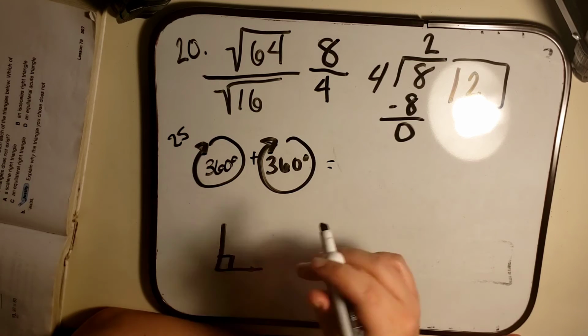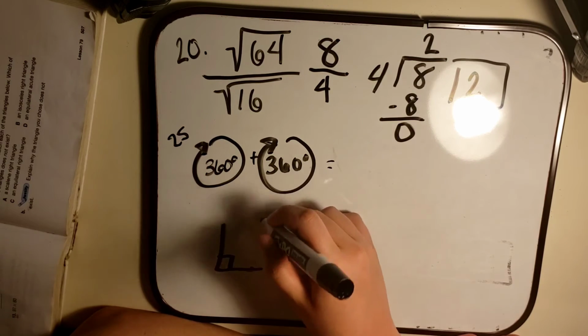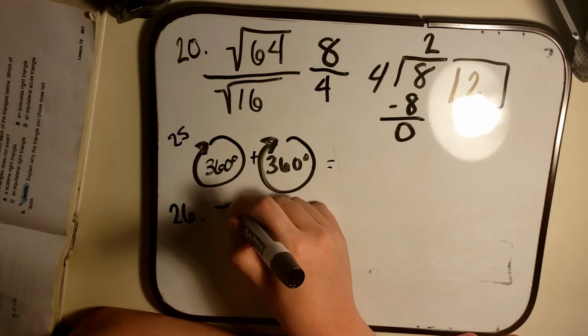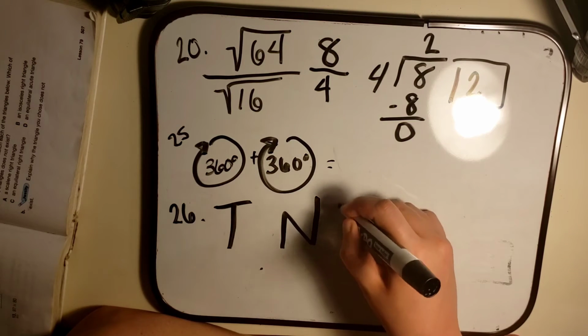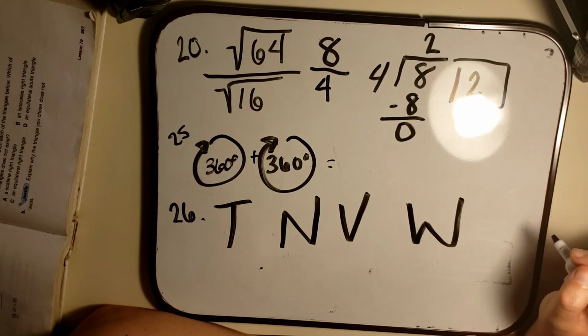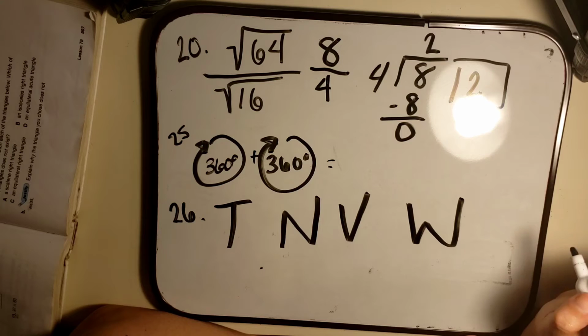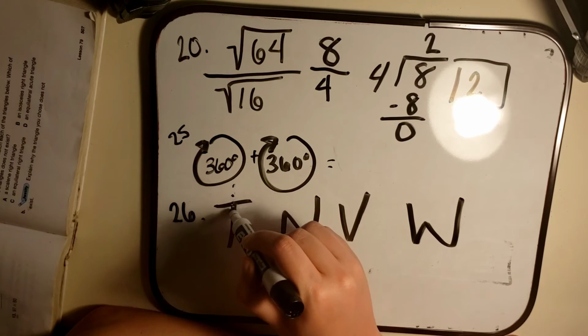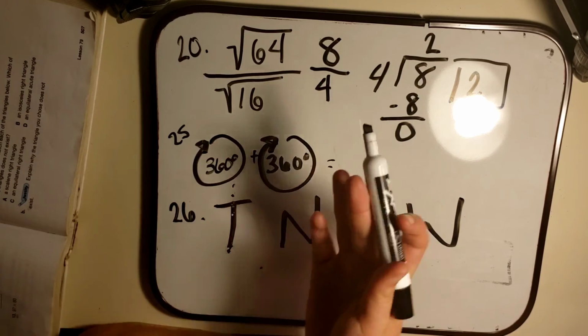26A. Actually, I want to do 26 with you guys. Sorry. 26, we have the letters T, N, V, and W. So which of these letters does not have a line of symmetry? So this T, we could just go right along down the middle and fold it in half.